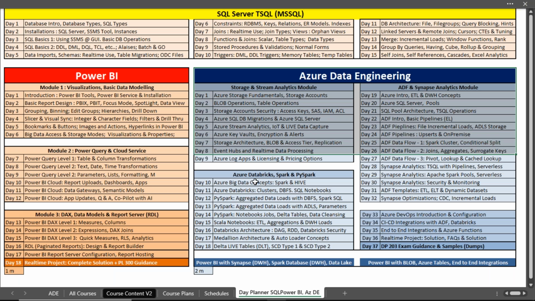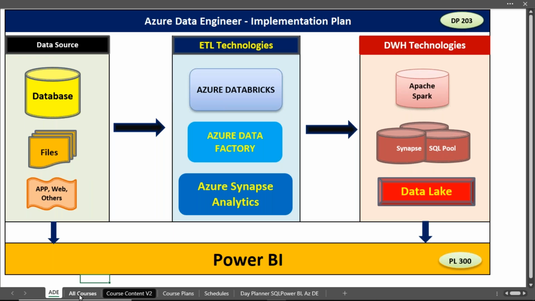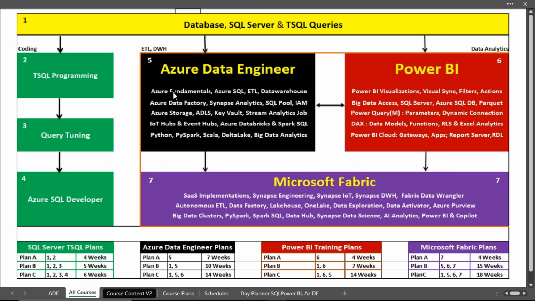And here is the complete day-wise roster. You'll be receiving the complete information like what we are going to learn in data engineering. In case you are looking for the complete BI stack: what is engineering, what is Power BI, what is Fabric. Fabric is, I don't want to say the next version of engineering, not at all.